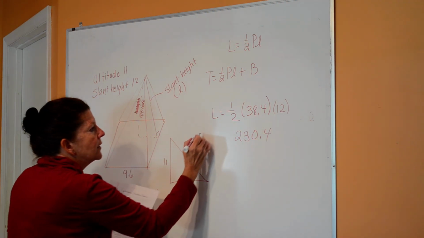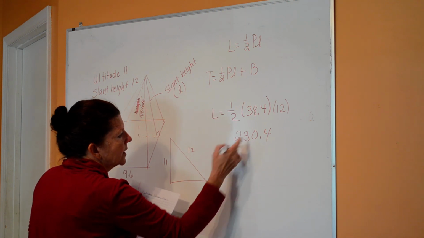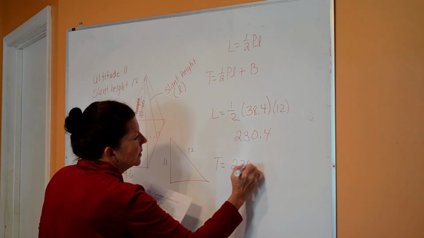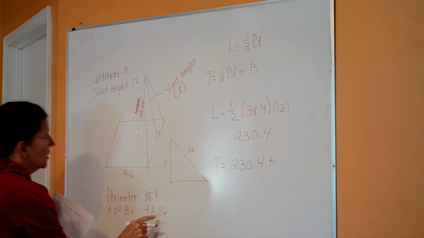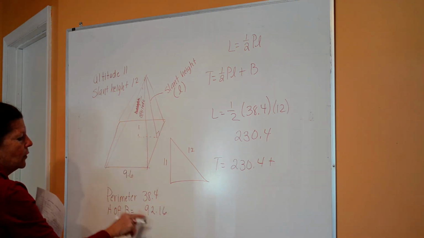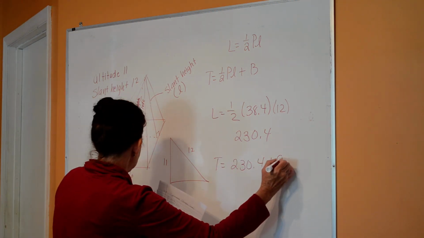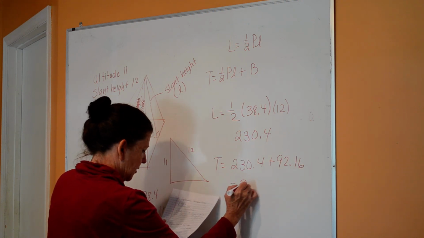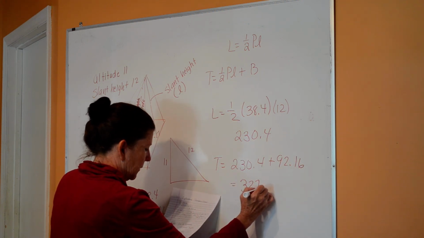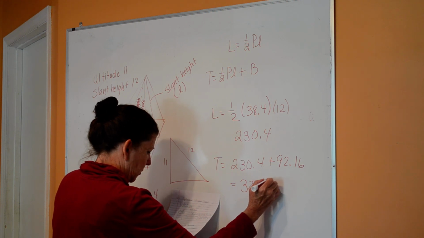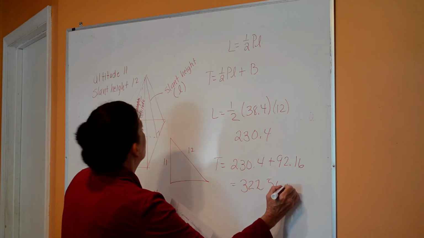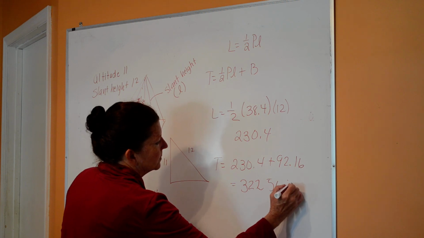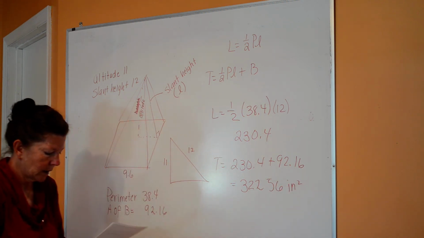But then to find the total area, it's going to be the lateral area plus the area of the base. Now I only have one base here, so it's just plus 92.16. And that's going to give me a total surface area of 322.56. I think they were inches, but inches squared are units squared.